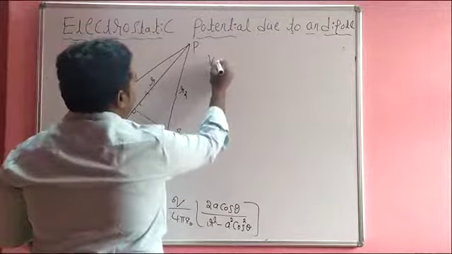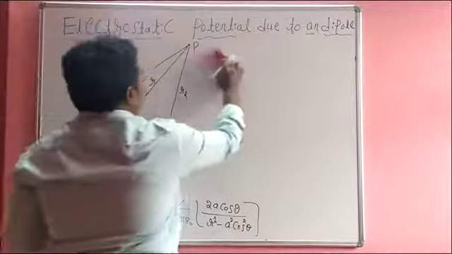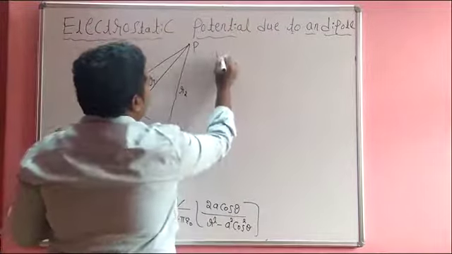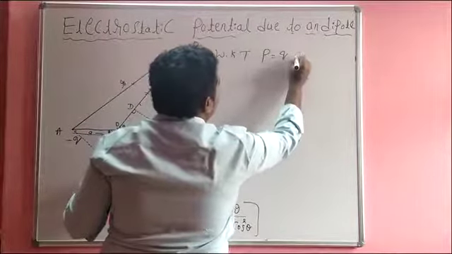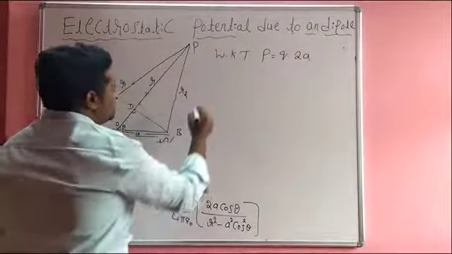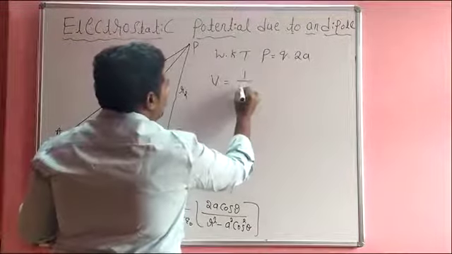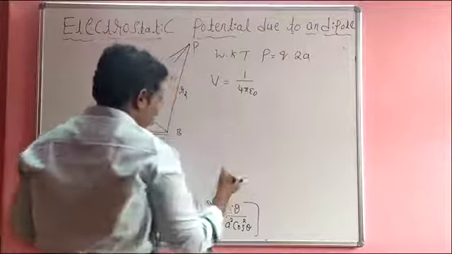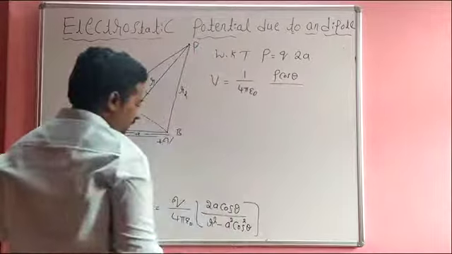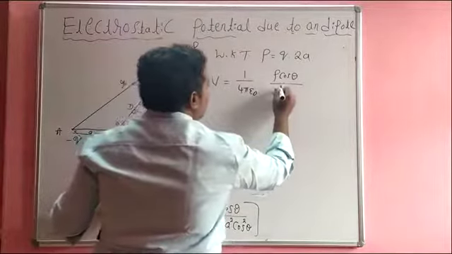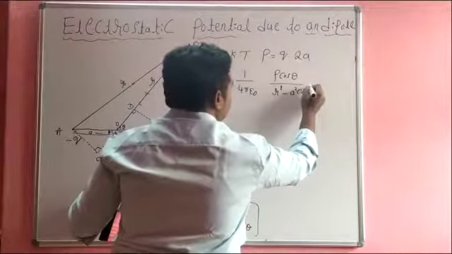V is equal to 1 divided by 4 pi epsilon naught times P cos theta divided by R square minus A square cos square theta.